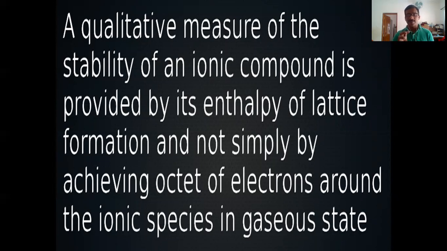Surely there is stability due to octet in the outermost orbit. But we cannot consider it as the only reason for the stability. There are other factors. In the case of ionic compound, that factor is lattice enthalpy or enthalpy of lattice formation. I think it is clear to you.